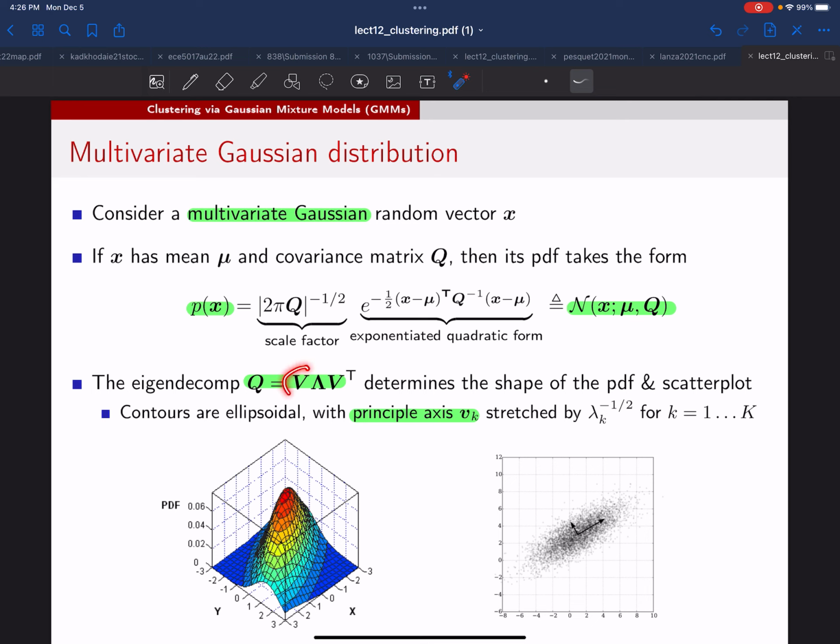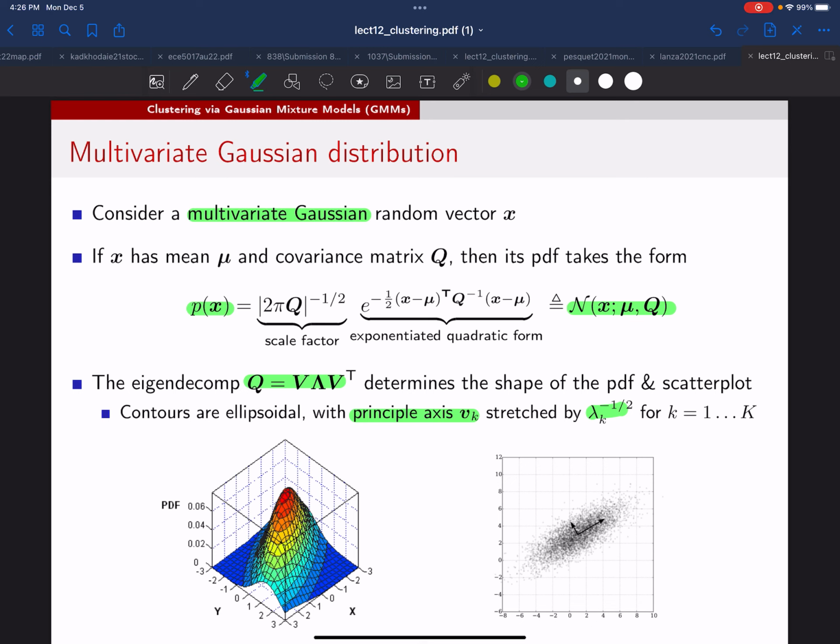The columns of V tell you the directions of the principal axes, and remember that if Q is a covariance matrix, we know that the columns of V are orthogonal, and that is what we need here. Then what about how much one is stretched relative to the other? That is coded in the eigenvalues. The kth principal axis is stretched by lambda k to the minus 1/2 power, where lambda k is the kth eigenvalue.